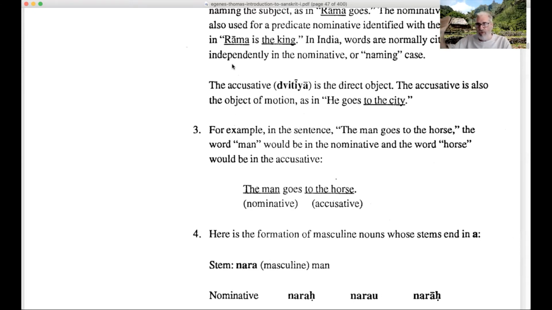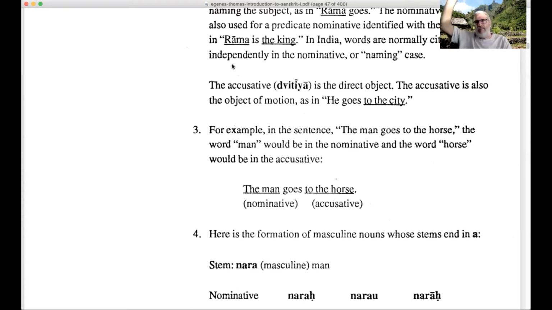It's motion towards. Now, anybody who's studied Latin knows there's a thing called, for instance, in English we say ad infinitum, which means unto the infinite, up to the infinite, right? Ad means to.